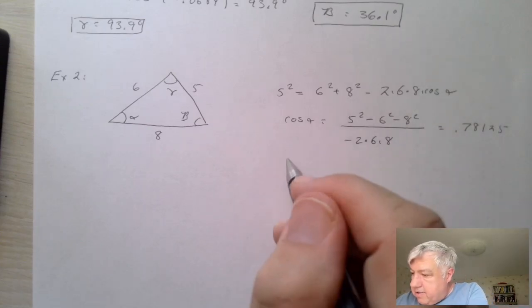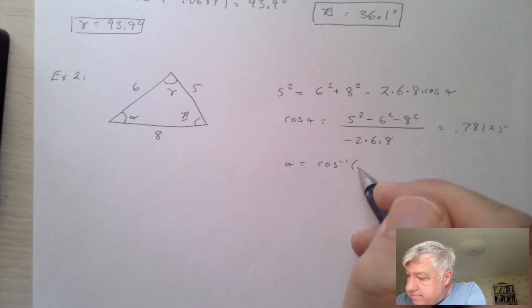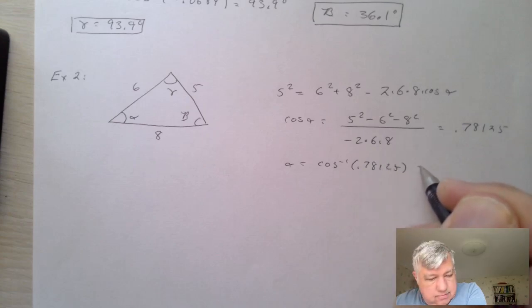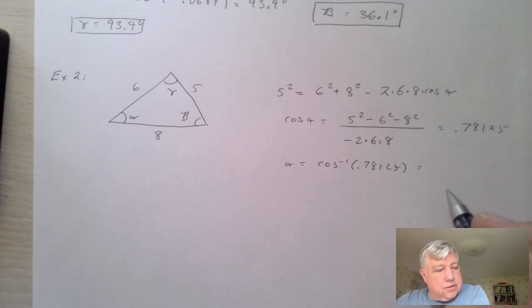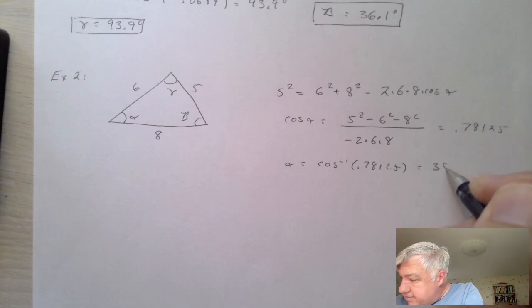So alpha is going to be the inverse cosine of that, which is 38.6 degrees. So that's alpha.